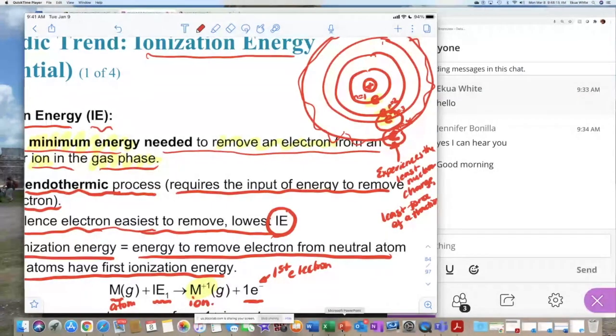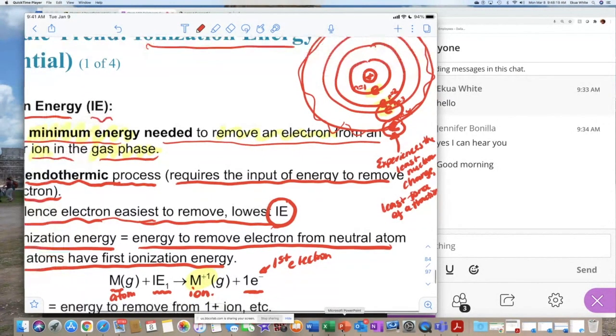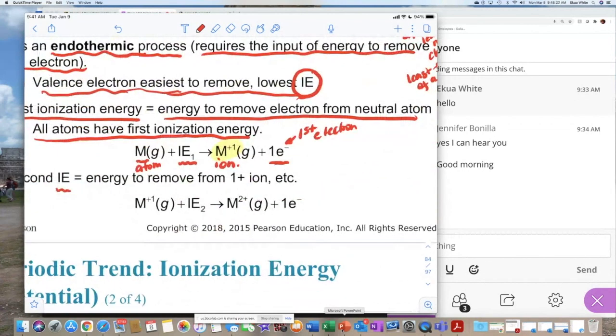So you would have to apply even more energy to remove that electron. So yeah, here we have the second ionization energy. And in the end, the second ionization energy is bigger than the first ionization energy because the electron is closer to the nucleus. Okay. The second electron you're trying to remove is closer to the nucleus.